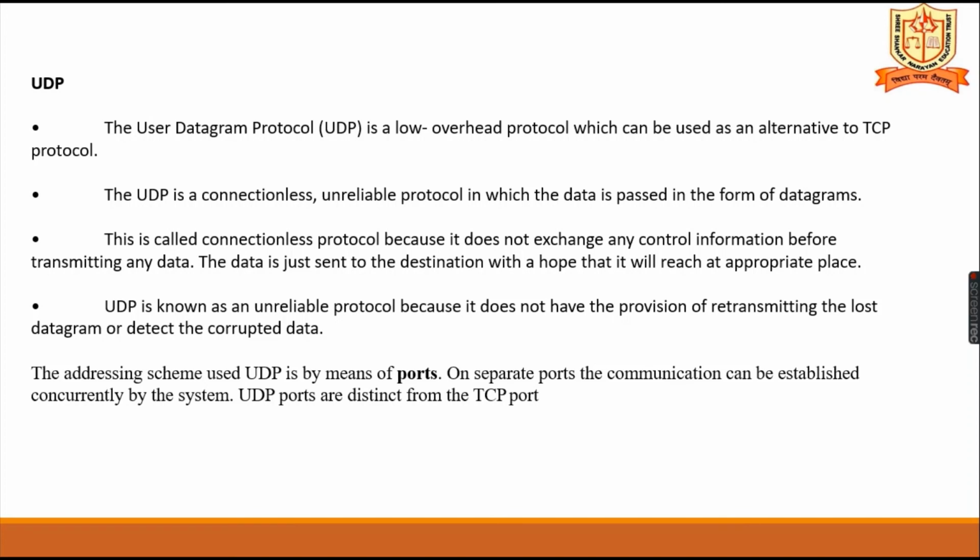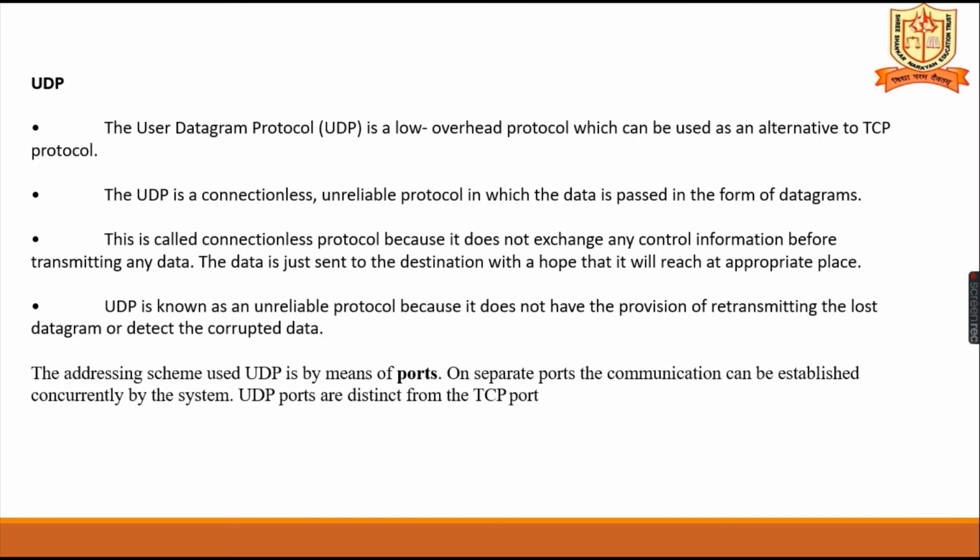This is called a connectionless protocol because it does not exchange any control information before transmitting any data. The data is just sent to the destination with the hope that it will reach the appropriate place. There is no guarantee whether it reached the destination or not.